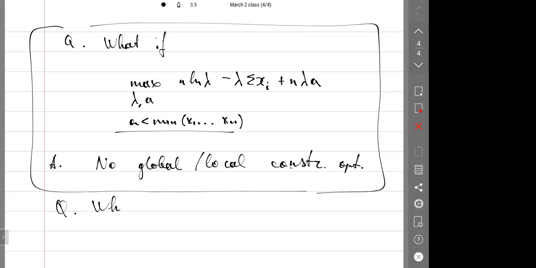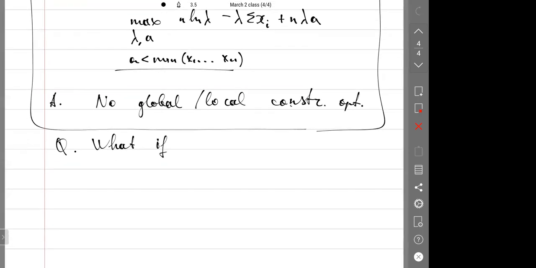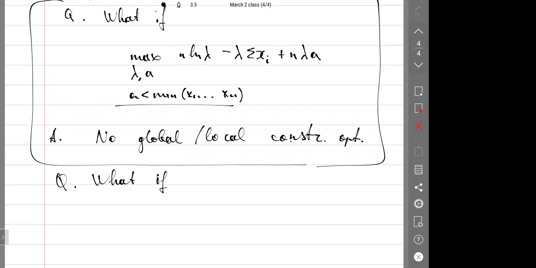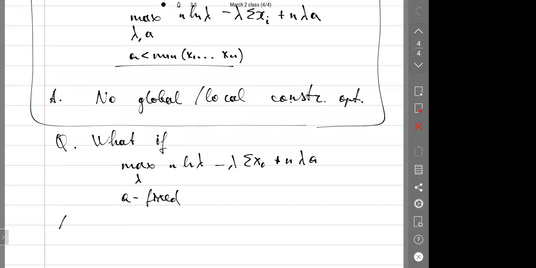If you are asking another what-if question, if you maximize with respect to lambda n ln lambda minus lambda sum of xi plus n lambda a, and A is fixed, then indeed you are right.